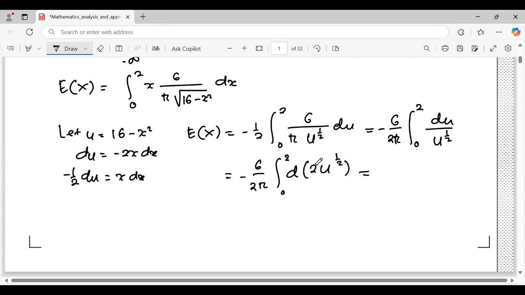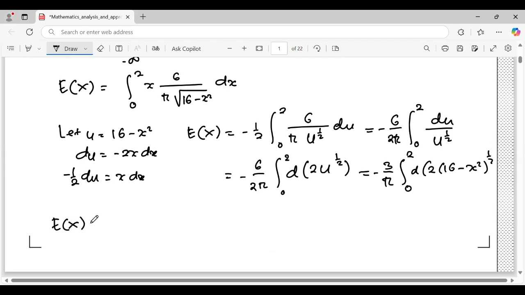And it's going to be 2 times this one. Sorry, 6 divided by 2, minus 3 over pi. u is this one, 2 times 16 minus x squared power 1 half.